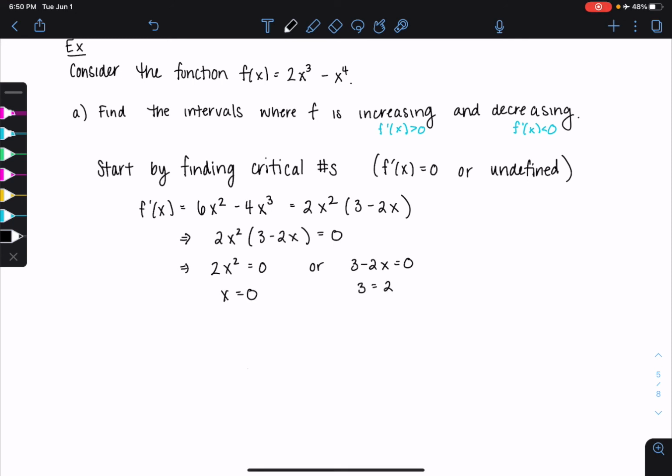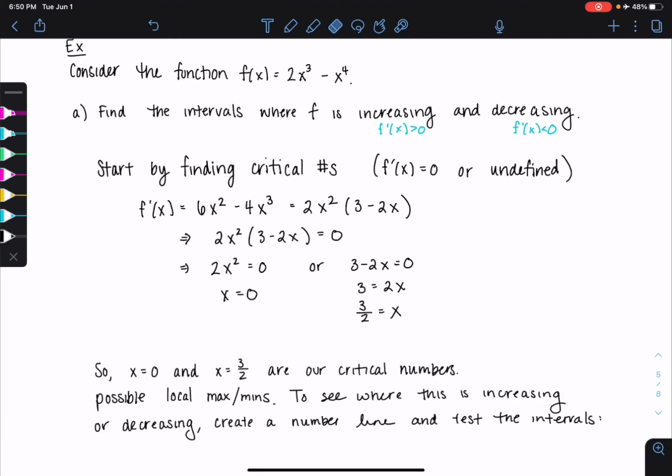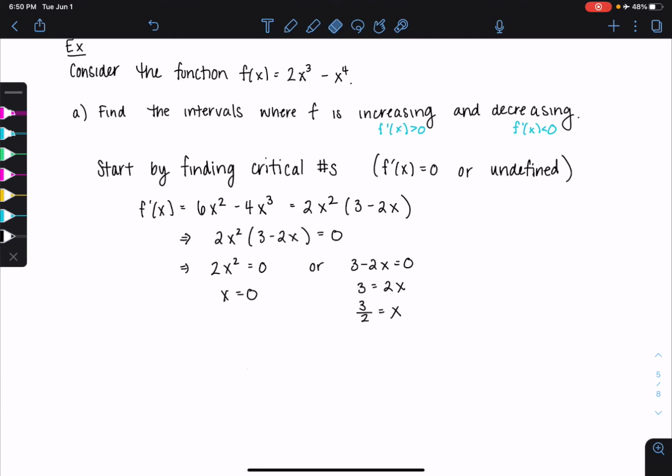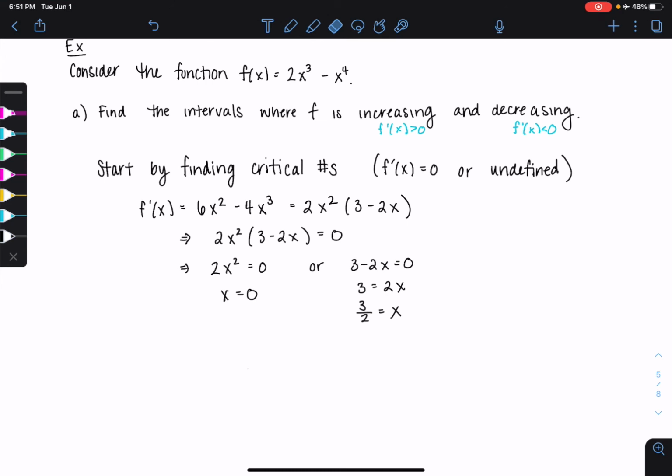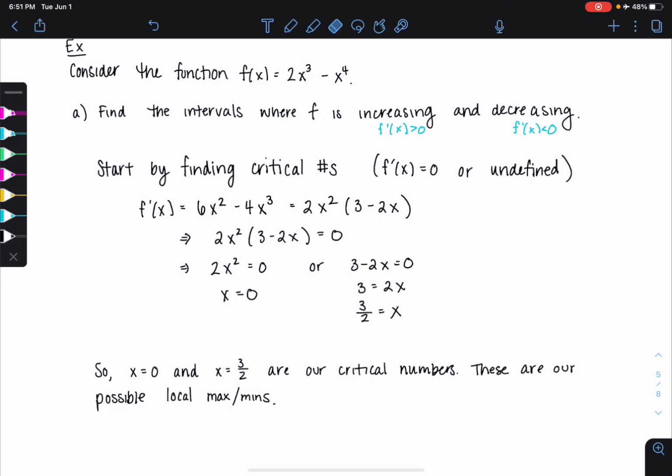Solving this gives us 3 is equal to 2x, or 3/2 is equal to x. So ultimately, x equals 0 and x equals 3/2 are the critical numbers, which means these are our possible local maximums.